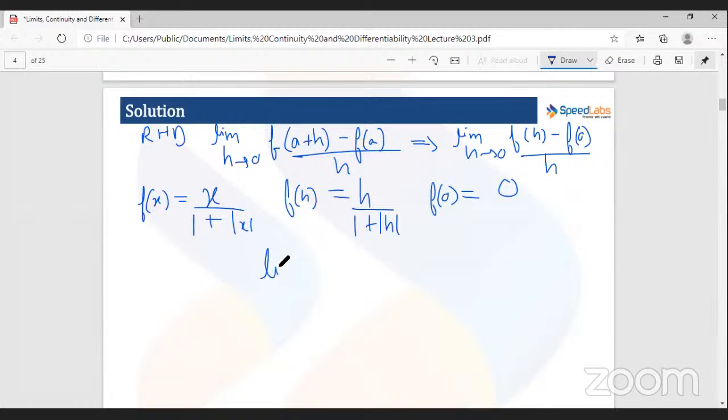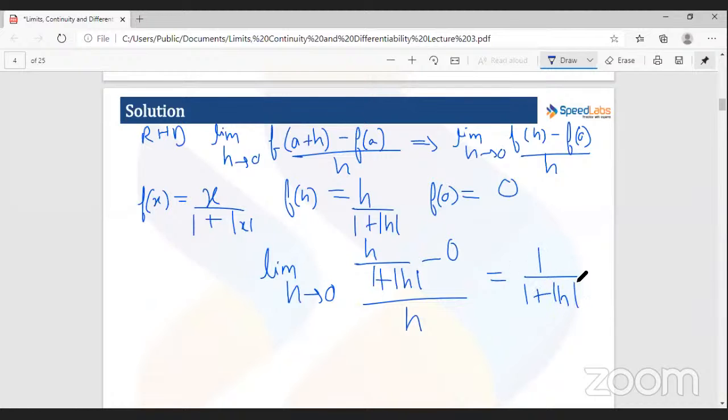So we get limit h tending towards 0, h upon 1 plus mod h minus 0 upon h. Again we are getting 1 upon 1 plus mod h. When we put h equal to 0, right hand derivative becomes 1.